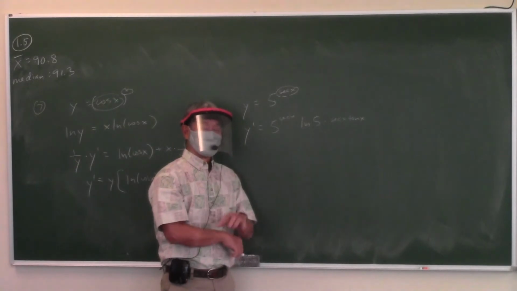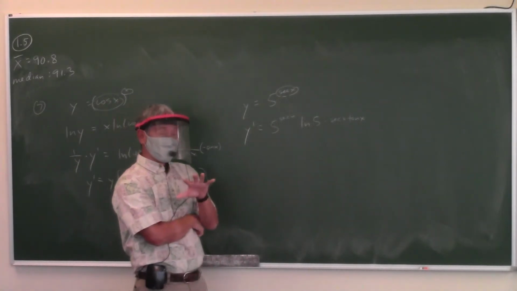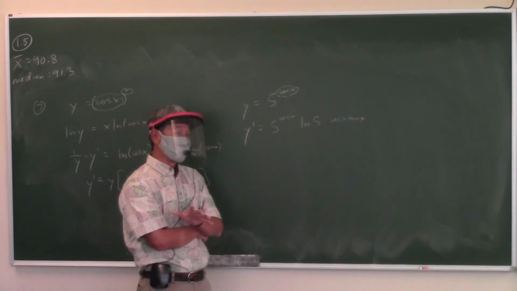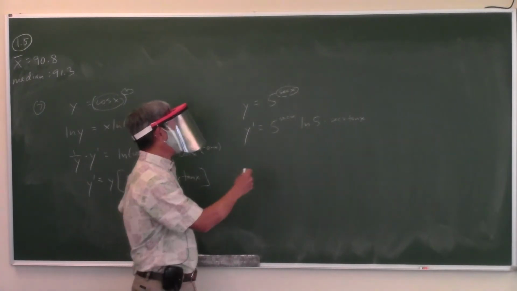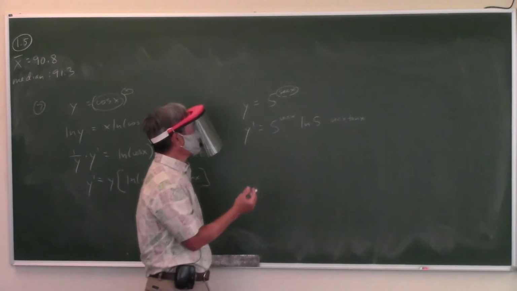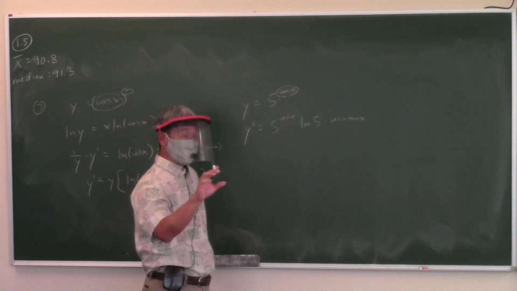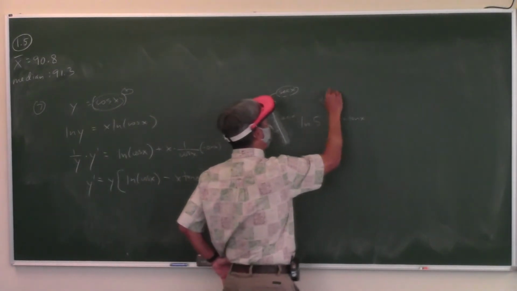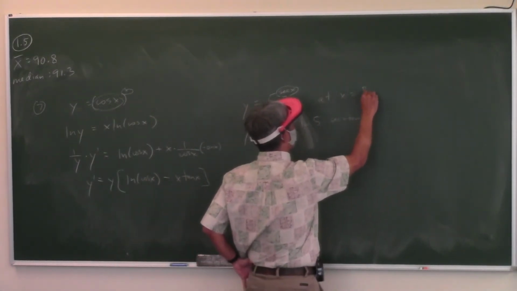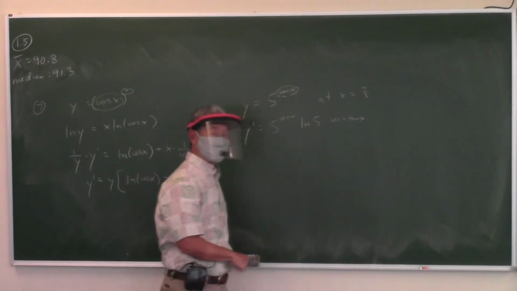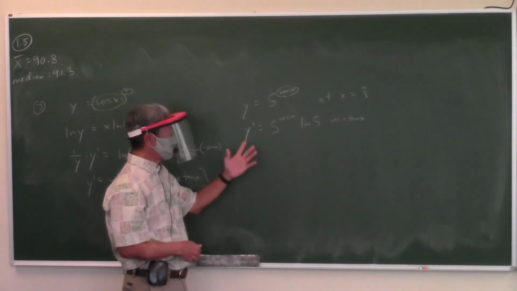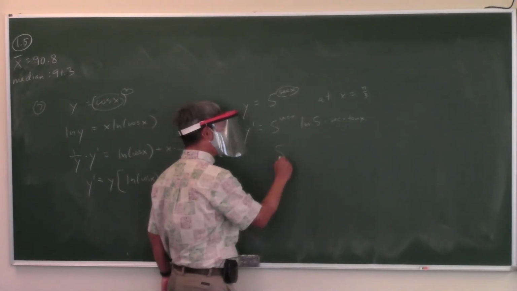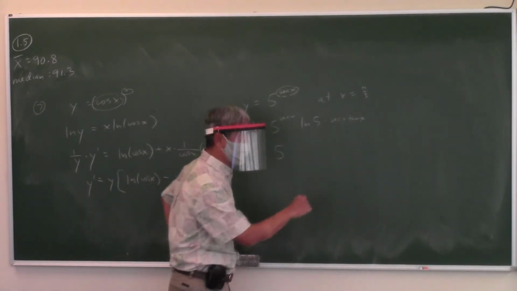Okay, I'll tell you what, this problem on the test, I'll probably make you compute it at a value of x. I would ask, what is the slope of the tangent line at x equal pi over 3? Plug it in. You take the derivative, now plug in the number, which is another hurdle, trig values.